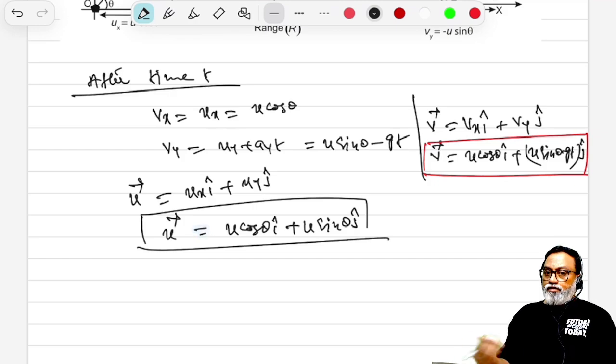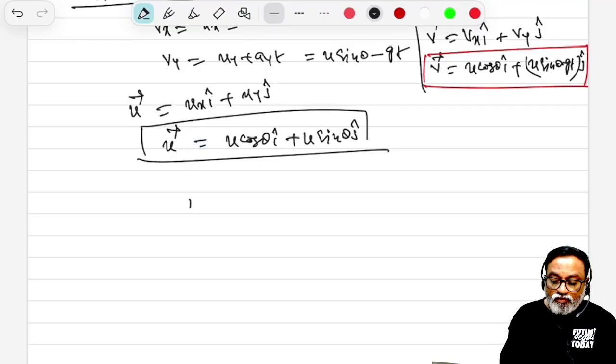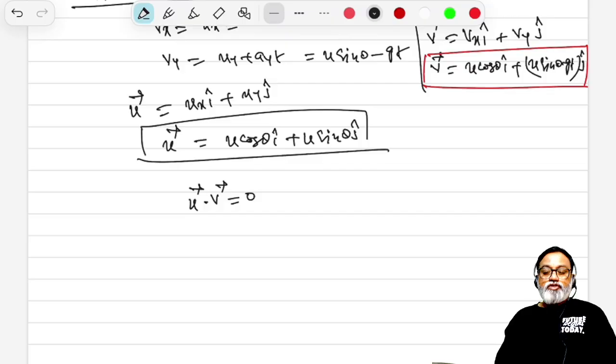See here, some questions may ask like this: at what time are the initial velocity vector and final velocity vector perpendicular? Any two vectors are perpendicular when their dot product is 0. Therefore, U bar dot V bar is equal to 0.